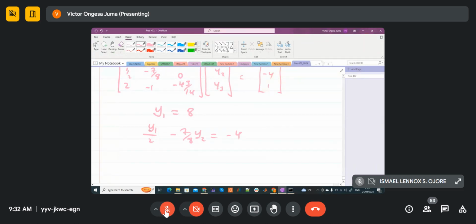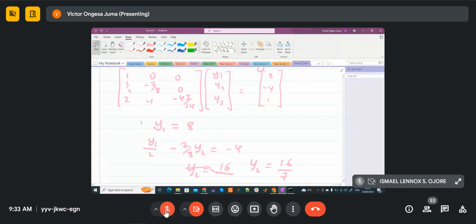So negative, negative goes. So y2 is the same as 16 over 7. Just check that it is the correct answer.